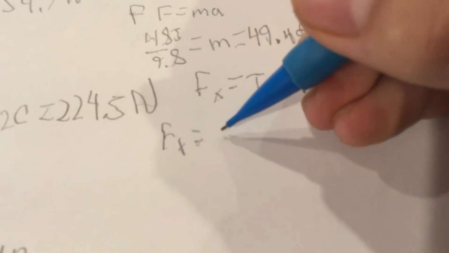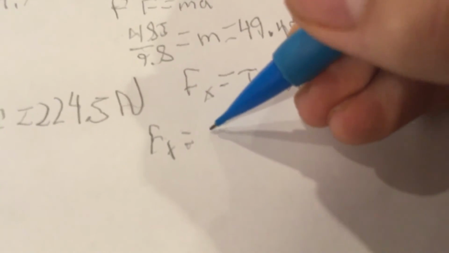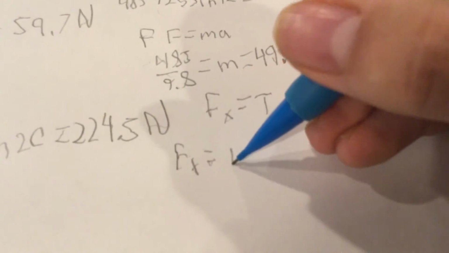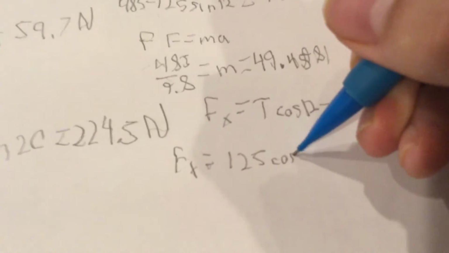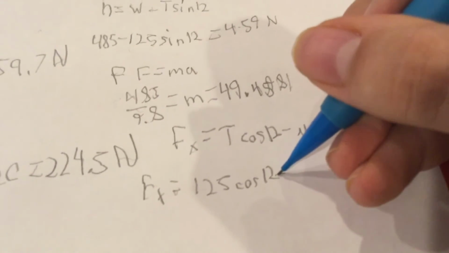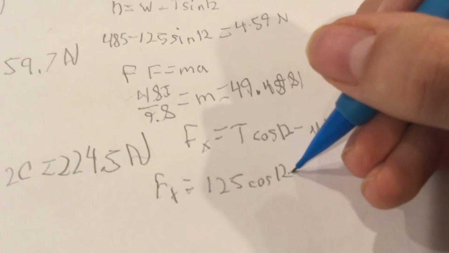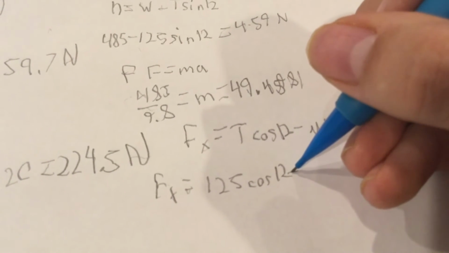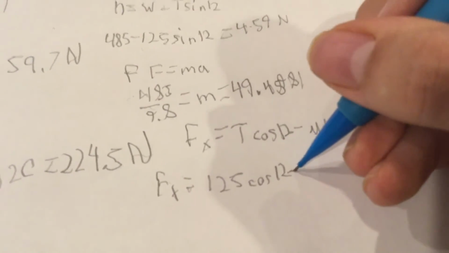We know that T is equal to 125, minus nu, which is equal to 0.2.